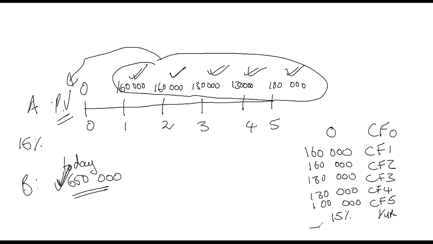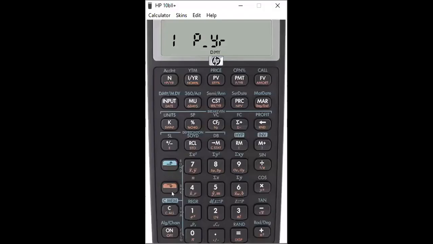And then we use the NPV function on our financial calculator to give us the present value of these cash flows. Okay, so how do we get the present value on our financial calculator? We clear our calculator, right?